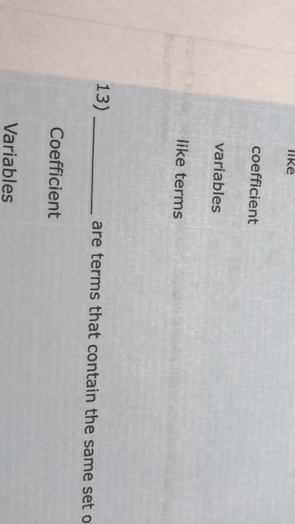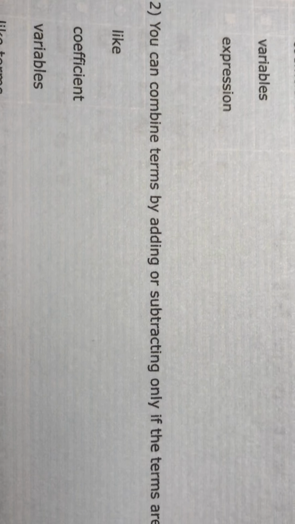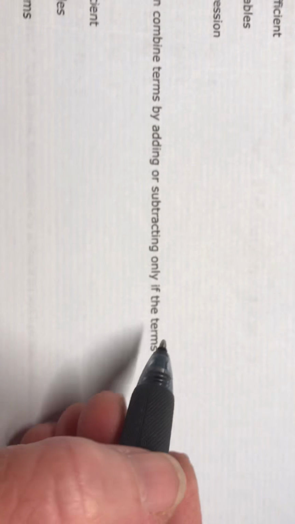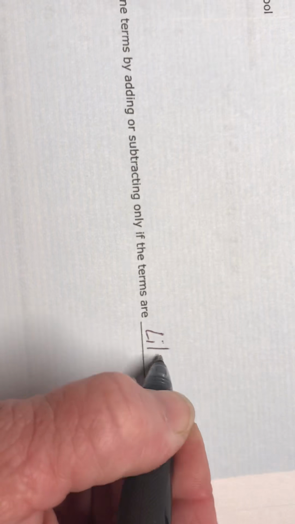let's go up to this problem here. You can combine terms by adding or subtracting only if the terms are like terms. What in the world does like terms mean?